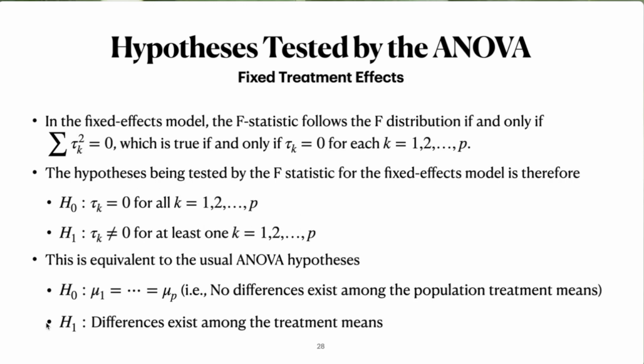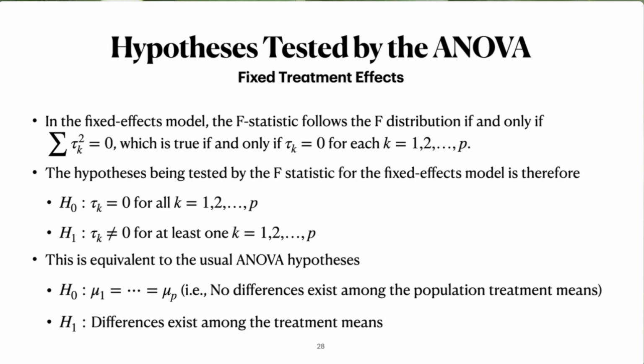We can also think of this in terms of the means model representation, still thinking about this as a fixed effects treatment. The null hypothesis in a means model representation would be that the population treatment means are all the same. There are no differences among the various population treatment means, against the alternative hypothesis that differences do exist among the treatment means.